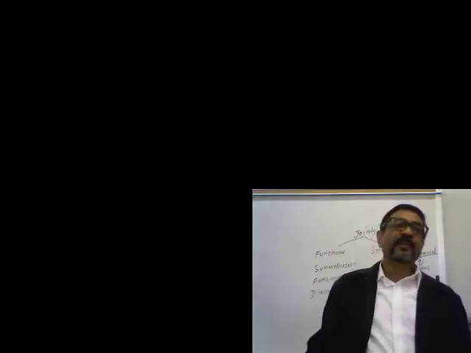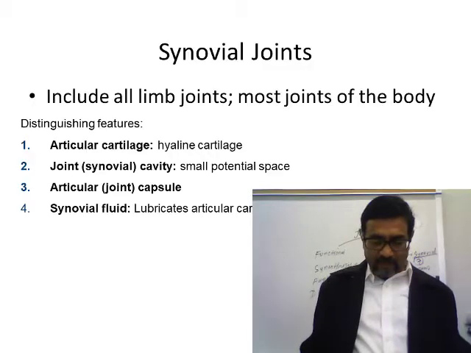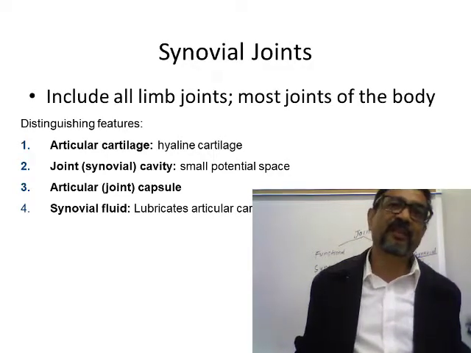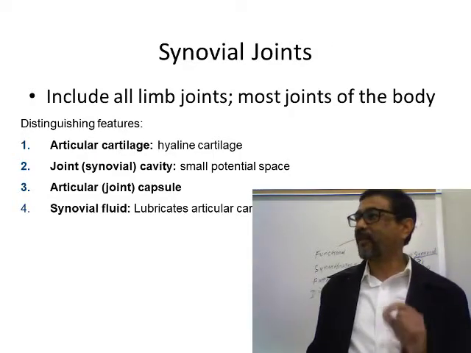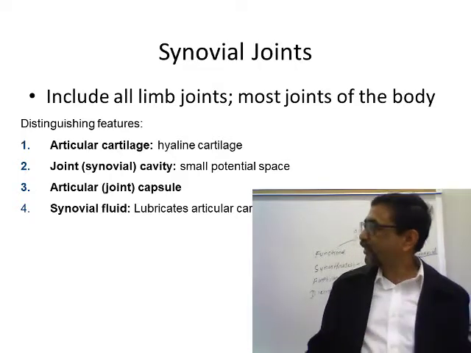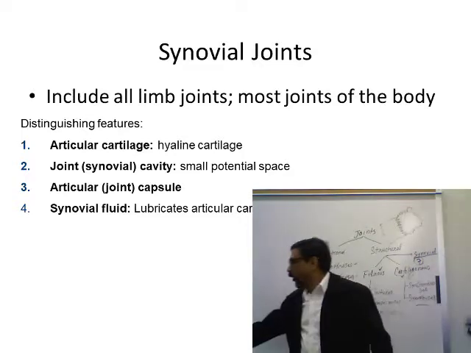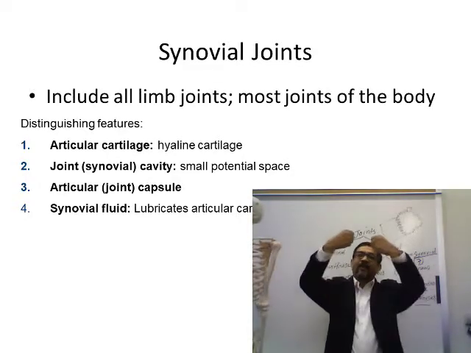Now, if you see a synovial joint, the following structures must be present. So these are the properties. What are these structures? Articular cartilage. What is that? The end of the bones.